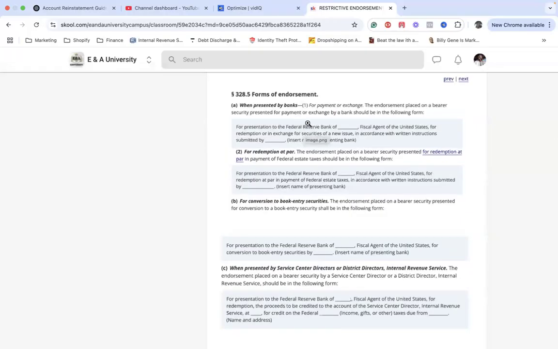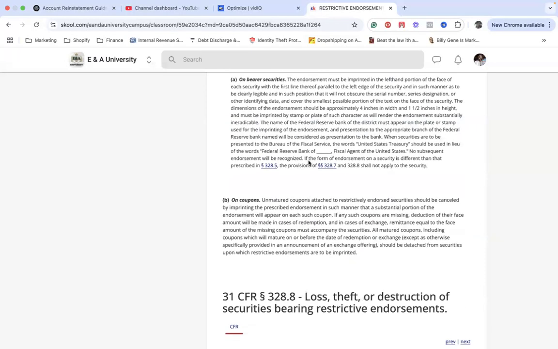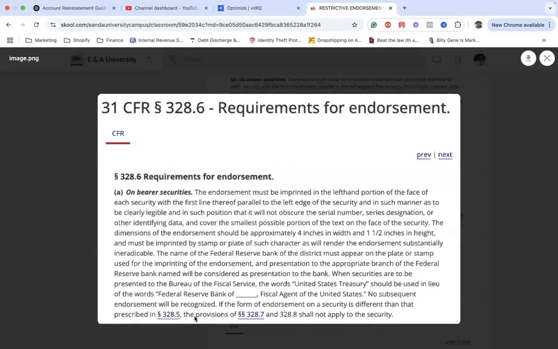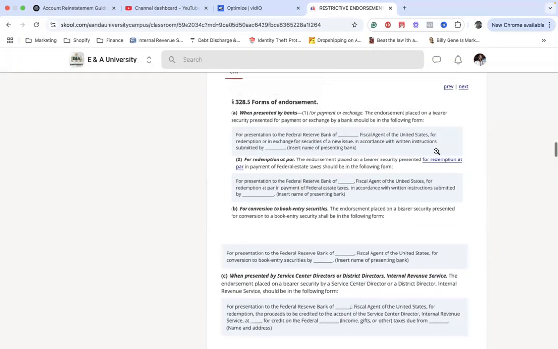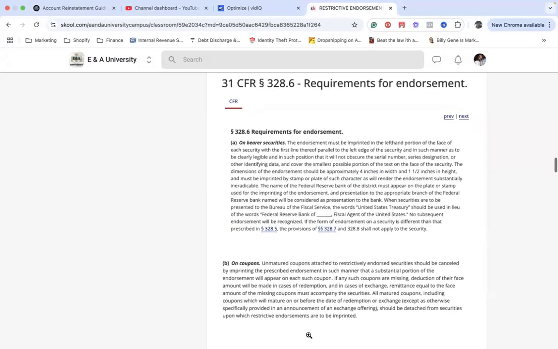If it's not as prescribed in this provision, the provisions of 328.7 and 328.8 shall not apply to the security. So you literally have to execute the stamp portion accurately, or the rest won't even matter.